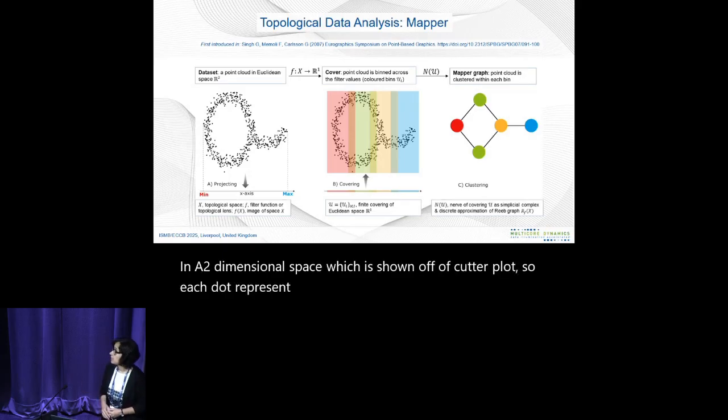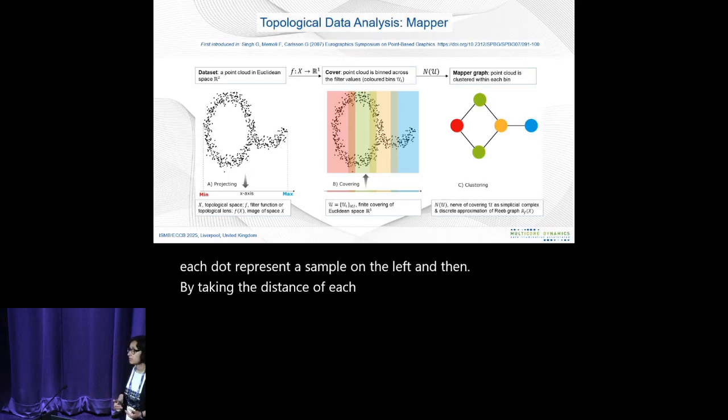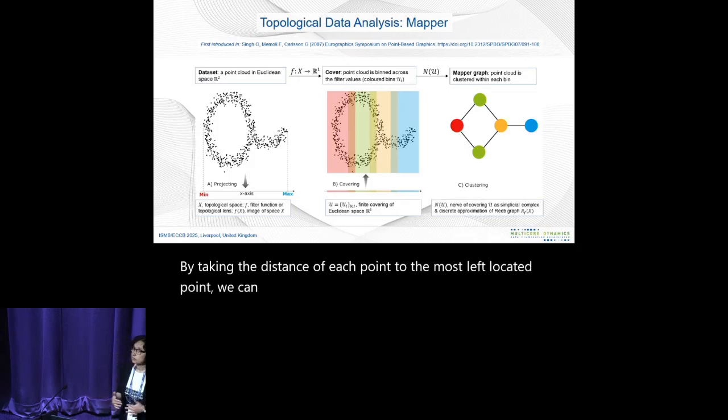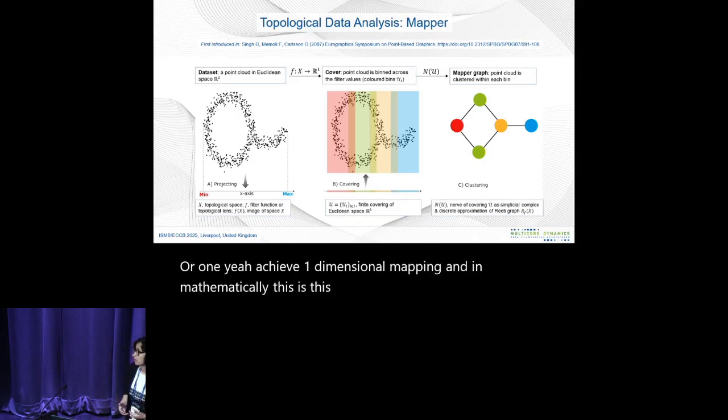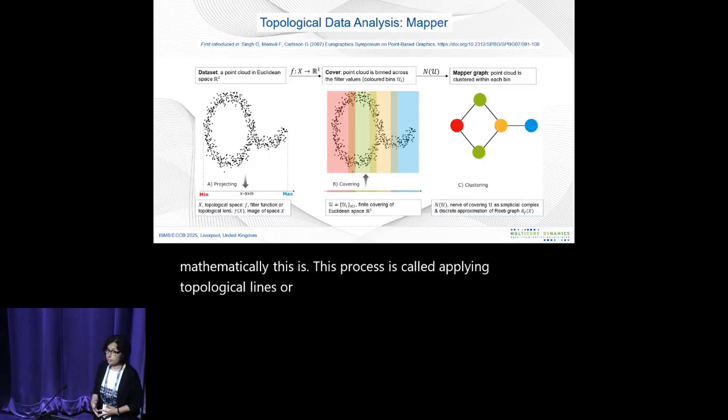And then by taking the distance of each point to the most left located point, we can map this space into one-dimensional space. Mathematically, this process is called applying a topological lens or filter function, F.